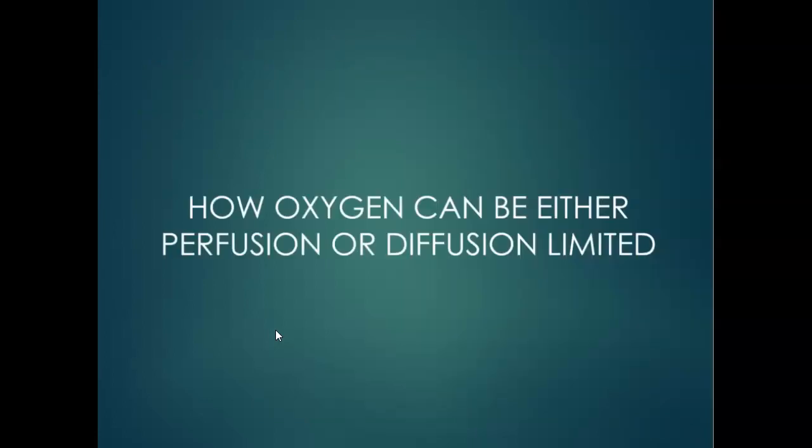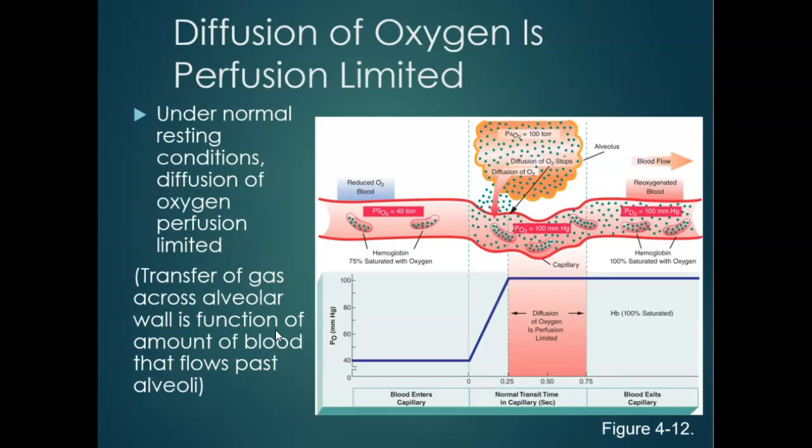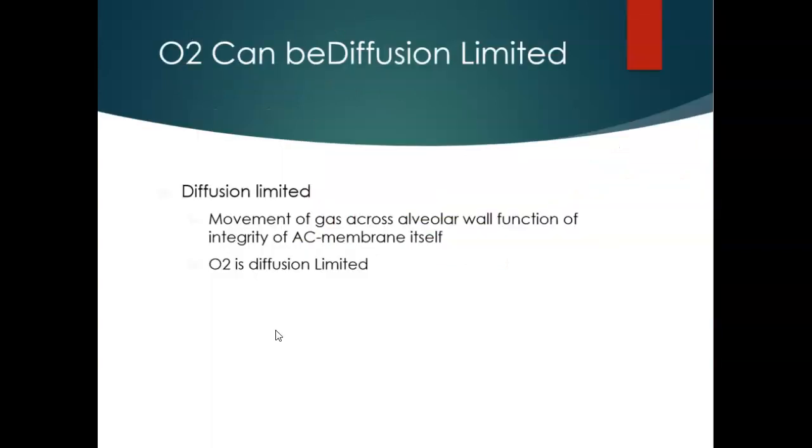So again, how oxygen gets into your blood can either be perfusion or diffusion limited, and that is dependent on how gas transfers across the alveolar wall. Diffusion limited means the movement of gas across the alveolar wall, and the integrity of the AC membrane itself, is what's limiting the oxygen moving through that space and into the blood.